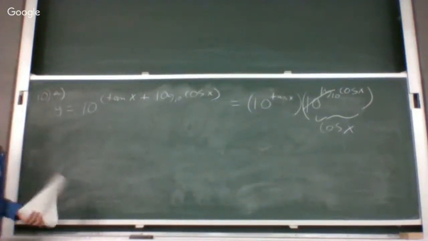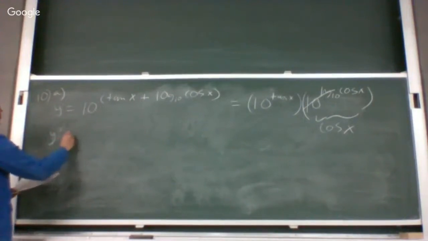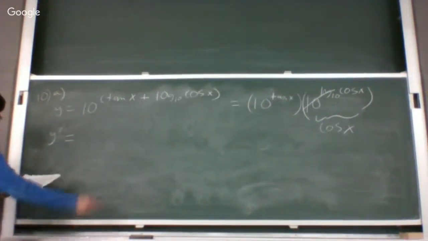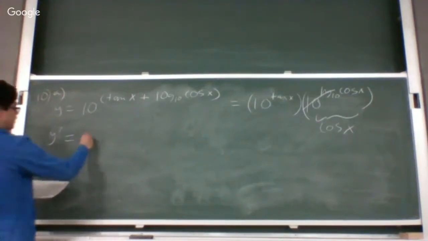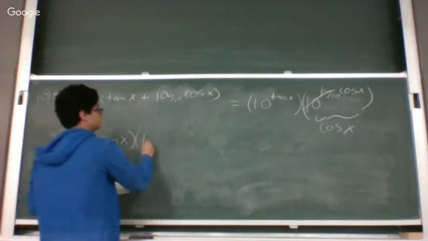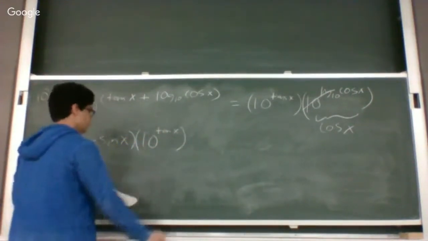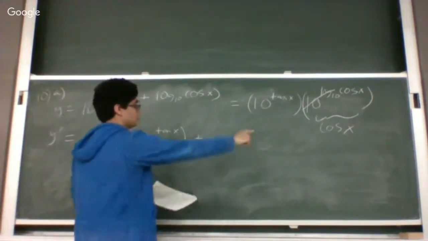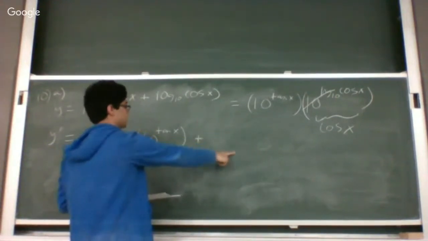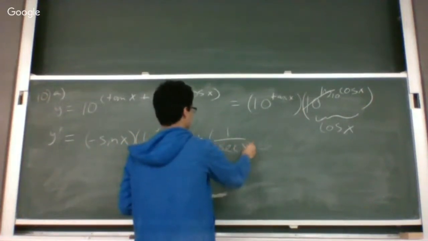We're trying to find y prime. The derivative of cosine is negative sine. So negative sine of x times 10 to the tangent of x, plus cosine of x. We need to rewrite it, but that can be rewritten as 1 over secant of x.